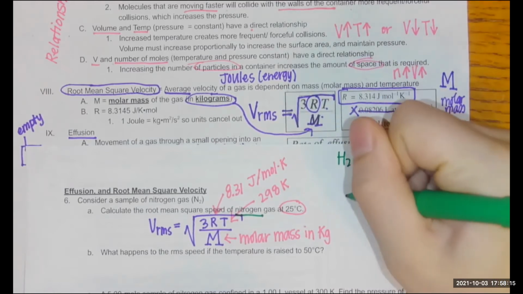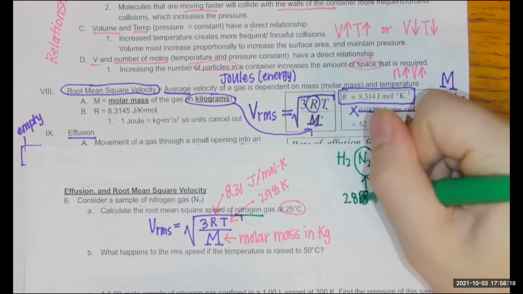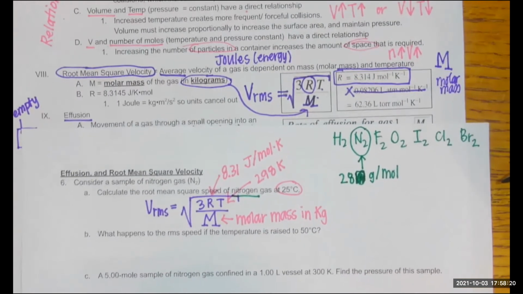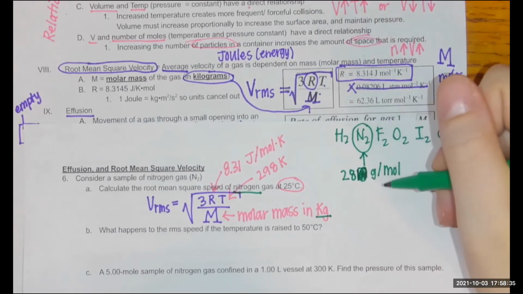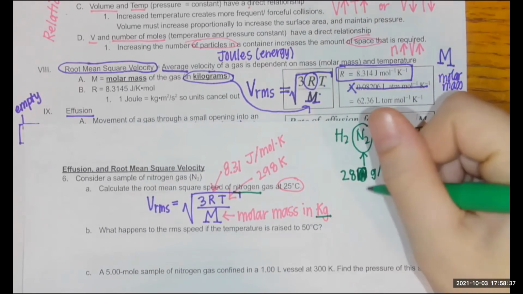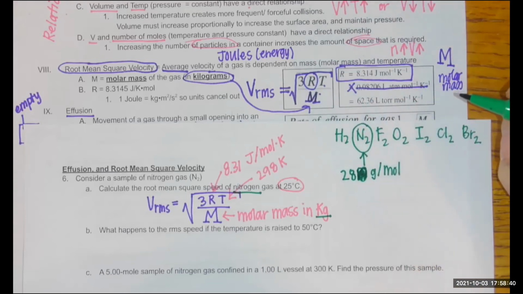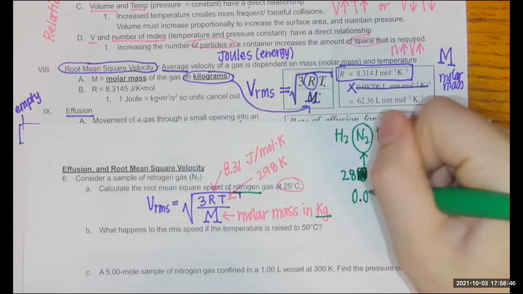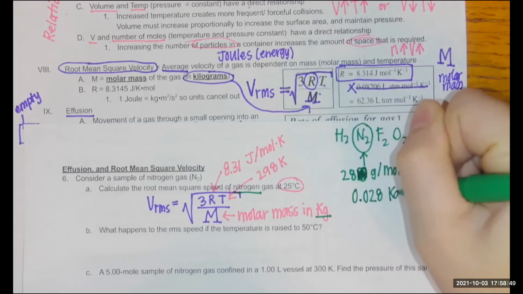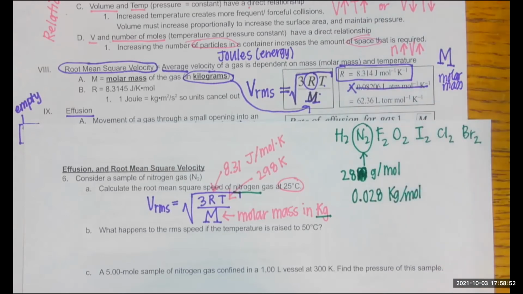And then since there's two of them, it'd be 28 grams per mole for N2. But we need it in kilograms. There's 1,000 grams in a kilogram. So you can either do a whole dimensional analysis conversion or just move the decimal 3 places. So instead of having 28 grams per mole, we're going to have 0.028 kilograms per mole. Same, just converted.